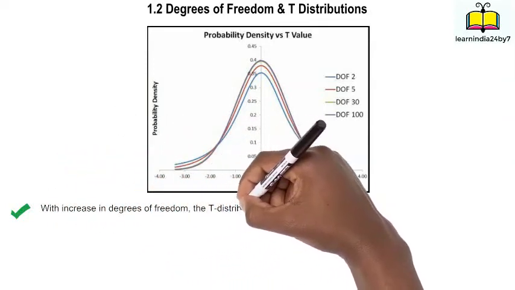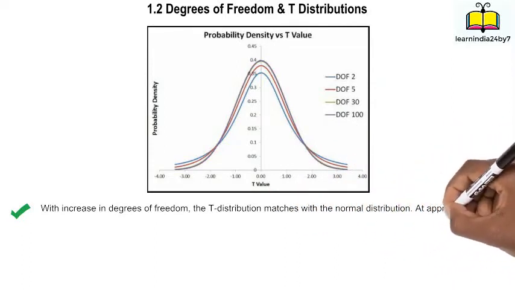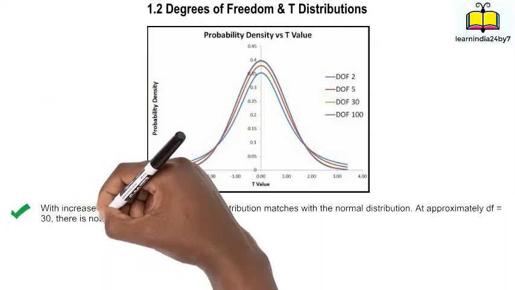With increasing degrees of freedom, the t-distribution matches with the normal distribution at approximately 30 degrees of freedom.